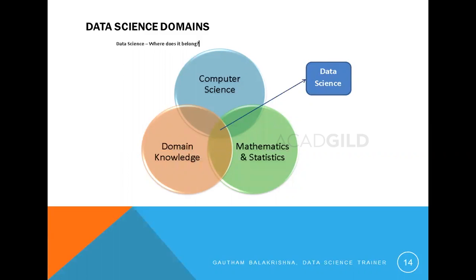Because if you remember, there are a lot of BI tools that can handle BI, when I say BI, business intelligence, right? Like Cognos, or you would have heard about Business Objects, or Pentaho, or Crystal Reports. You would have heard about a lot of these business intelligence tools that can handle a large volume of data, terabytes of data.